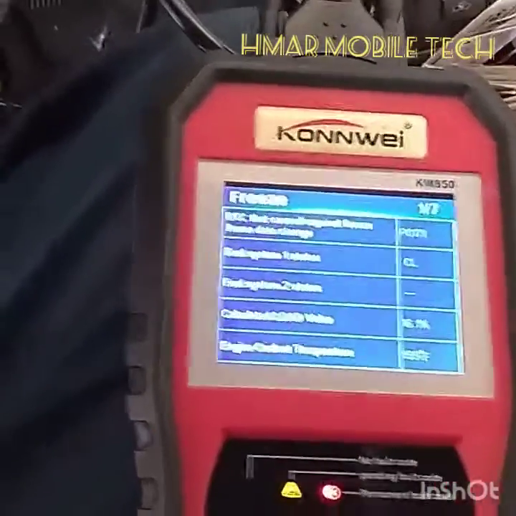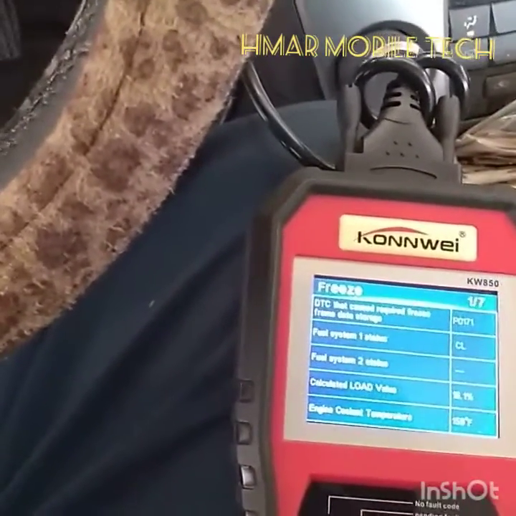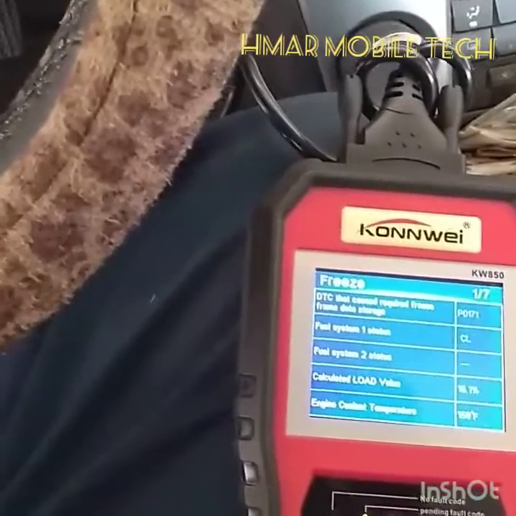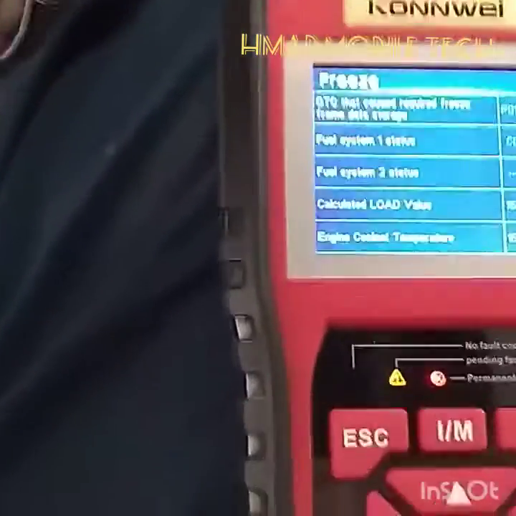So basically, looking at it here, the DTC that caused the freeze frame data was P0171. CL means the fuel system was in closed loop.